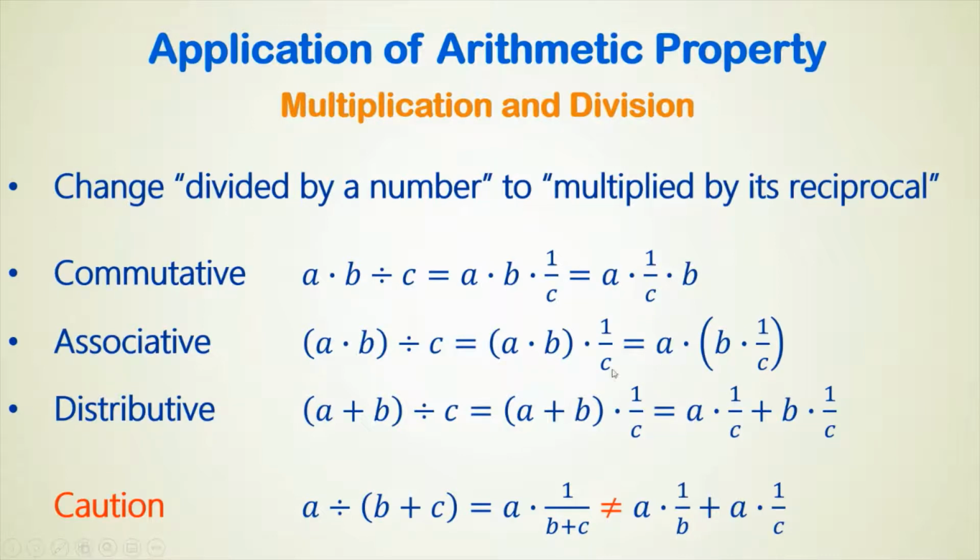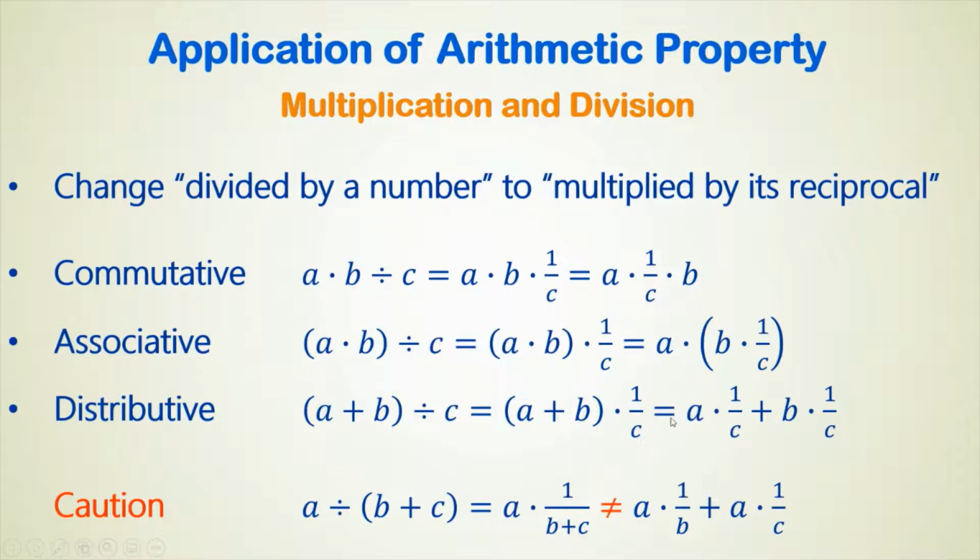For the distributive property, we have parentheses a plus b parentheses divided by c. This is the equivalent of parentheses a plus b times 1 over c, which is equal to a times 1 over c plus b times 1 over c. So these three can be combined and used together in solving a problem.